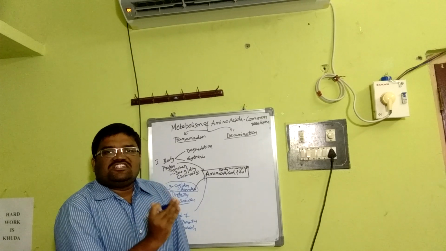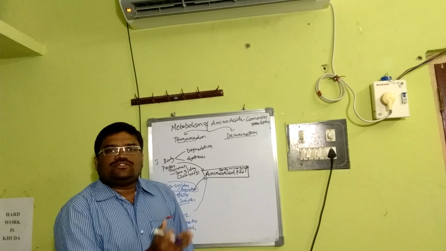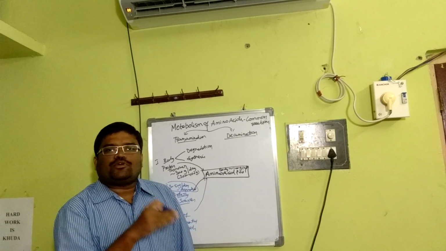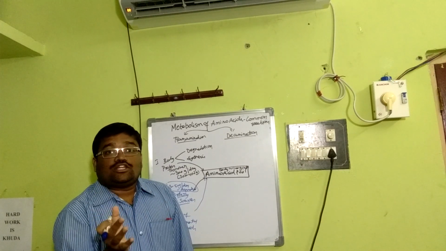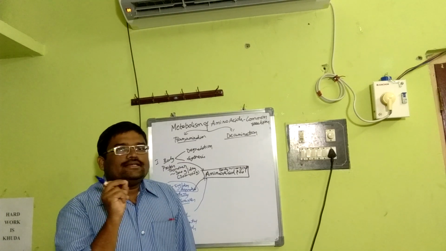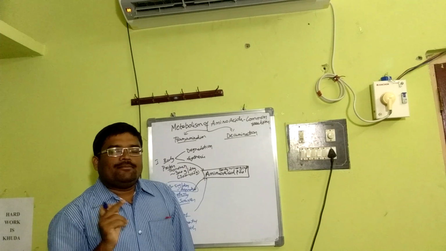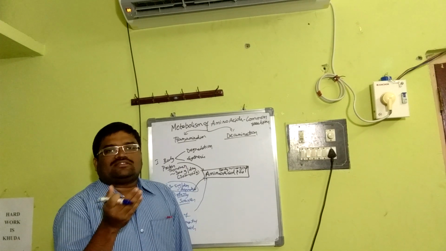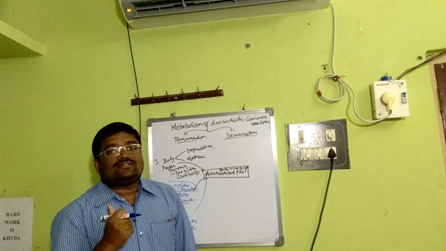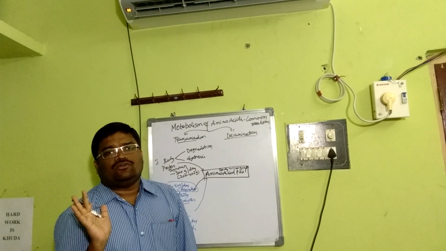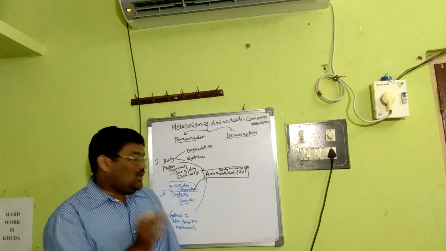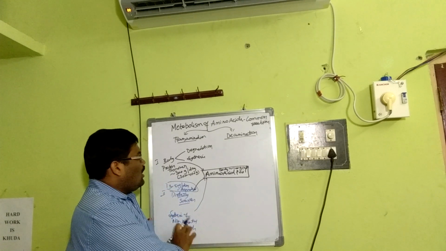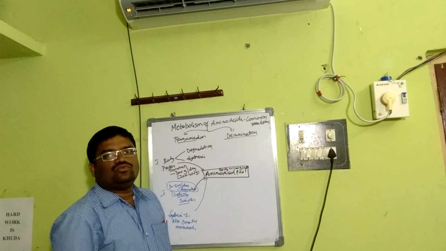For example, histidine, valine, isoleucine, leucine, lysine, threonine, tryptophan, methionine are essential, out of which arginine and histidine are semi-essential, because these two cannot be synthesized by children, but an adult can synthesize them. It's a 10 plus 2 plus 8 pattern. But we can synthesize only non-essential amino acids. So all these make up the amino acid pool.